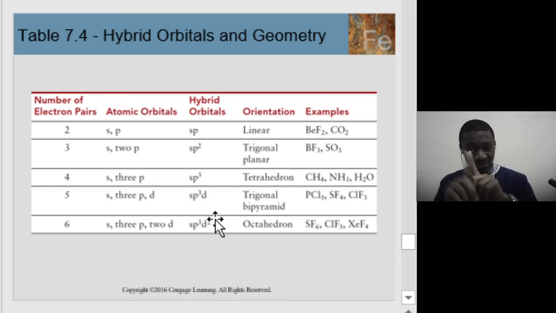So just be adding them. s and p, 2. 1 s and 2 p's, 3. 1 s and 3 p's, you have tetrahedron, which is 4. Then 1 s, 3 p's, and 1 d is a trigonal bipyramidal.